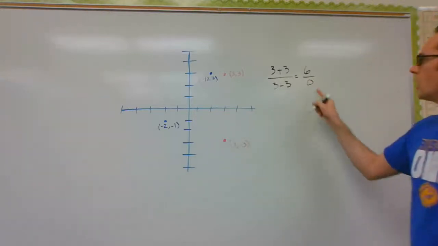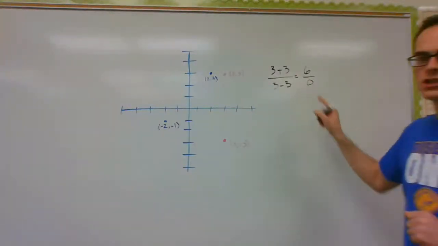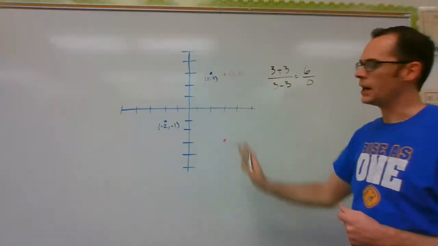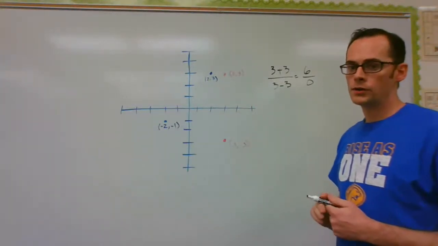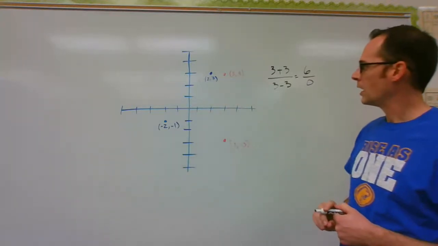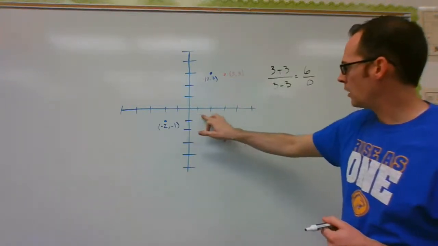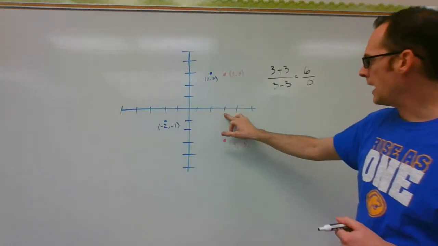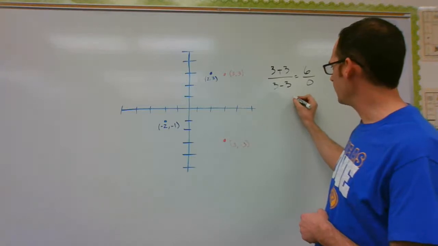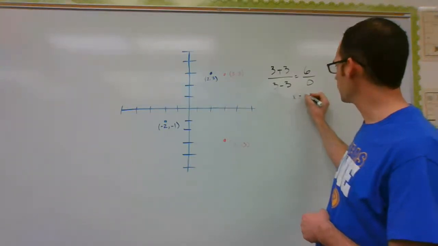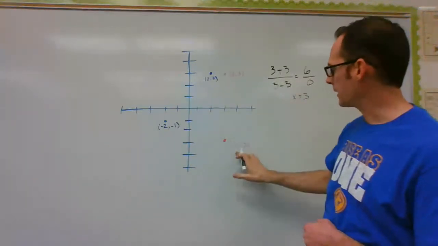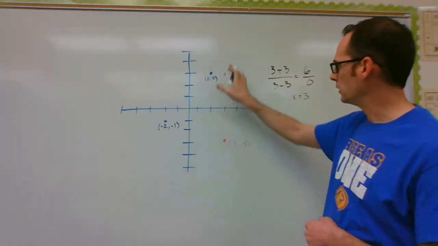So what we know for a fact here is that it's undefined, but what we also care about is the fact that it's going straight up and down. So all we have to do is line it up here, and what we actually have here is x equals 3, because we know our x is at 3.